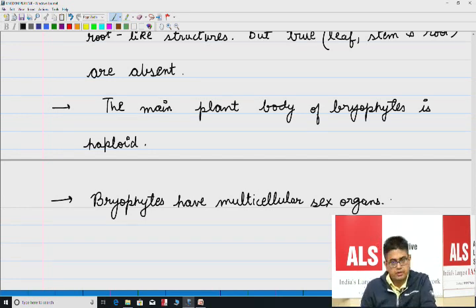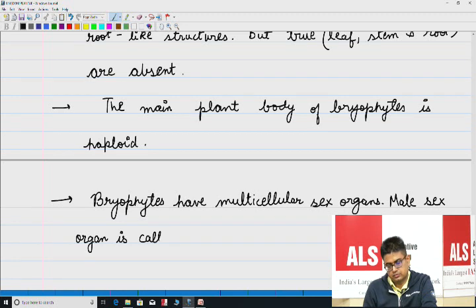Now we have to write about the male sex organ and female sex organ. Male sex organ is called antheridium.